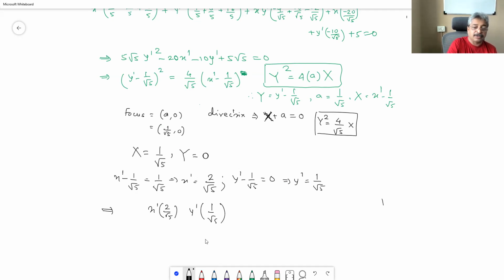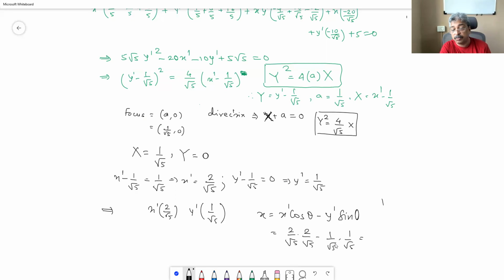You want to get x and y. So x is equal to x dash cos theta minus y dash sin theta. बरोबर आहे? So 2 upon root 5 into what was our cos, 2 upon root 5, minus y dash is 1 upon root 5 into our sine was 1 upon root 5. That makes it 4 upon 5 minus 1 upon 5 is equal to 3 upon 5.